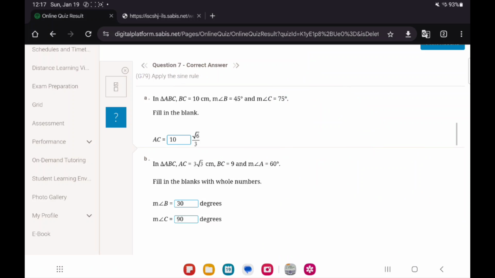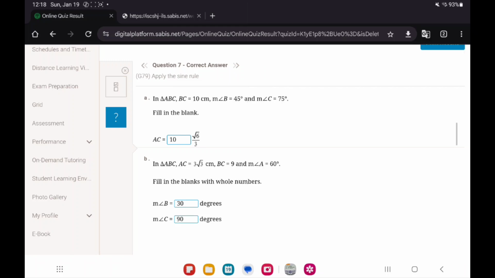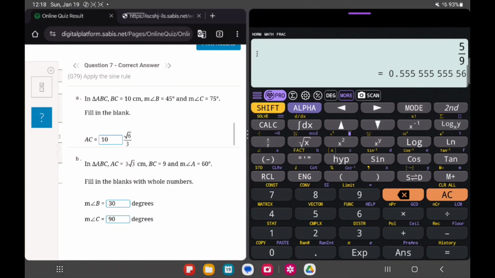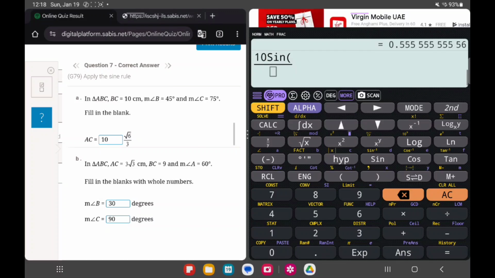Okay, so let's do it on the calculator. Okay, so we cross multiply. Okay, so sine, actually 10 sine 45 over sine 60.